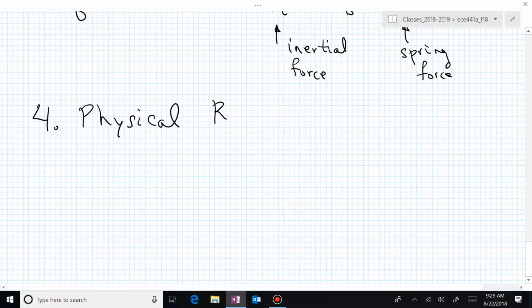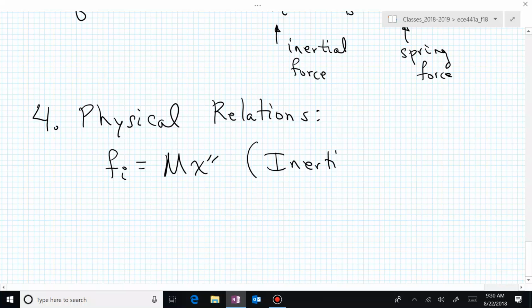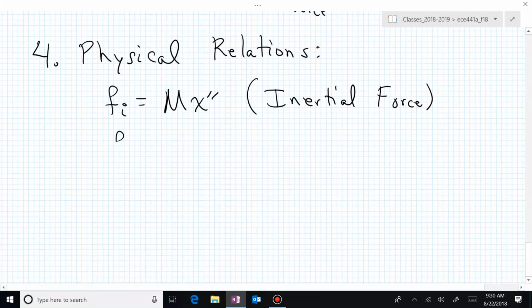So here are our physical relations associated with the variables of interest. The inertial force, F sub I, is simply mass times acceleration. F sub B is B times the velocity, so that force is just a function of the velocity.